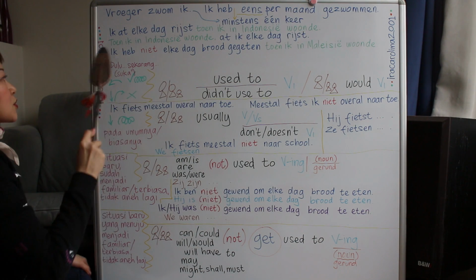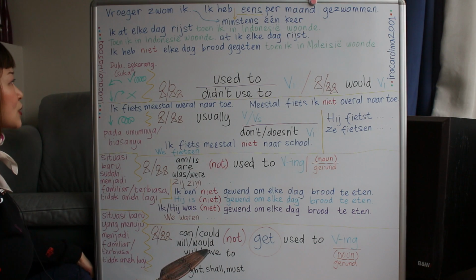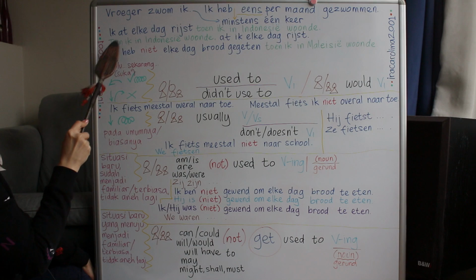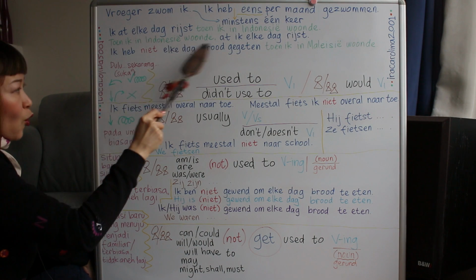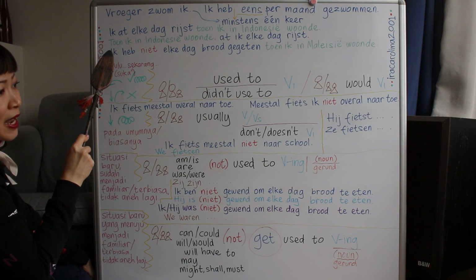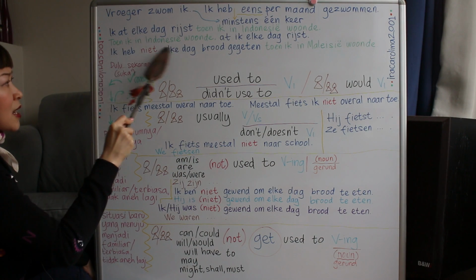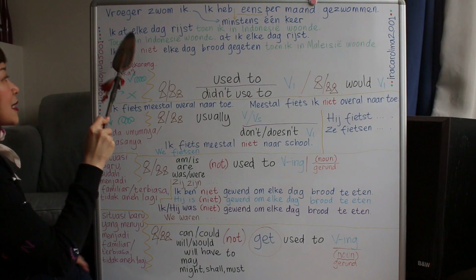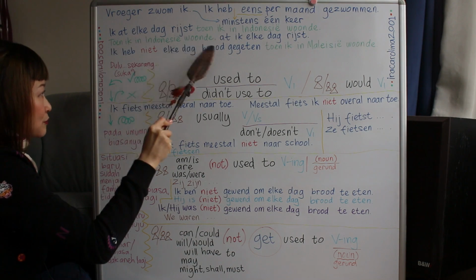If you put the time signal first, you put like this. Toen ik in Indonesia woonde, then or when or at that time when I in Indonesia lived. Toen ik in Indonesia woonde.